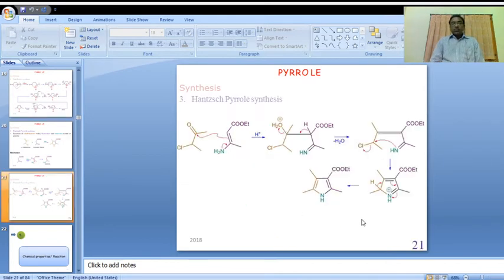Now let us go to the second step. That enamine, formed in the first step as an intermediate, reacts with the original reactant alpha haloketone in presence of acid, and it gives this intermediate.